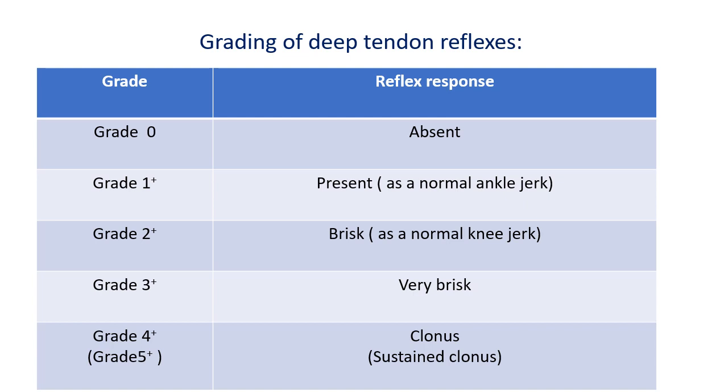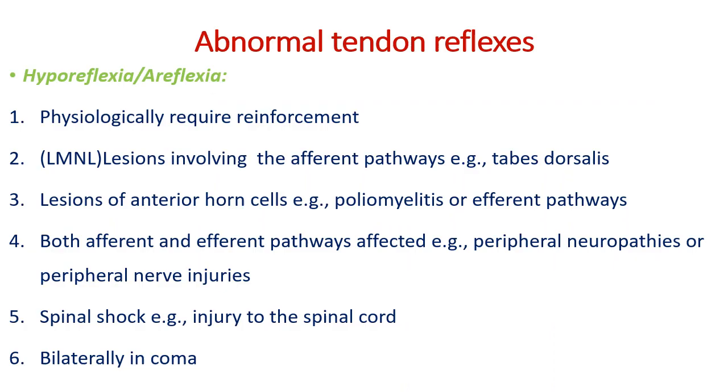So this is about the grading of the deep tendon reflexes, which you yourself will be doing clinically in your practical classes or clinical laboratories. The tendon reflexes can be decreased or absent. When they are decreased, we say there is hyporeflexia, and when they are absent, we say areflexia.